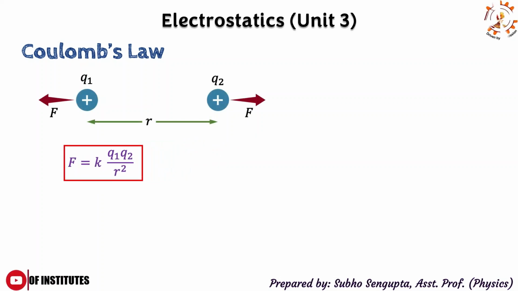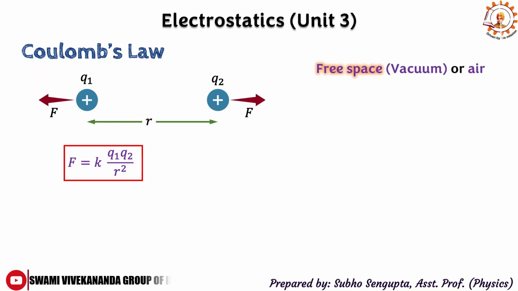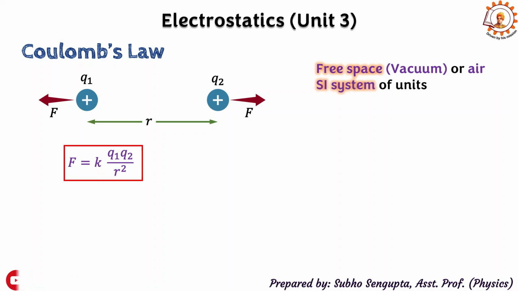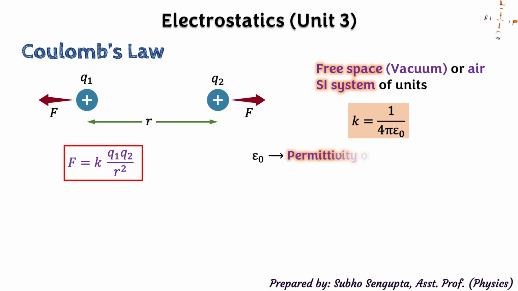Now, I will try to find out the value of the Coulomb constant. When the 2 point charges are placed in free space, that is, vacuum or air, and the chosen system is SI, the Coulomb constant k is found to be equal to 1 upon 4 pi epsilon 0. Here, epsilon 0 is a constant, known as the permittivity of free space.